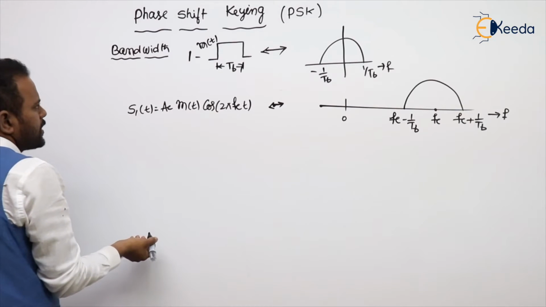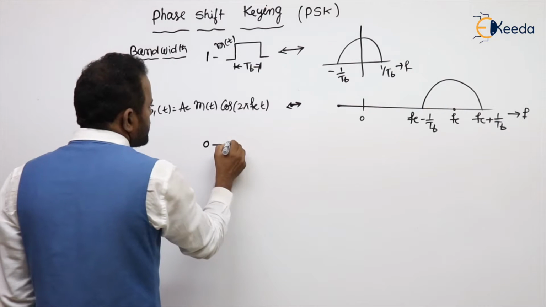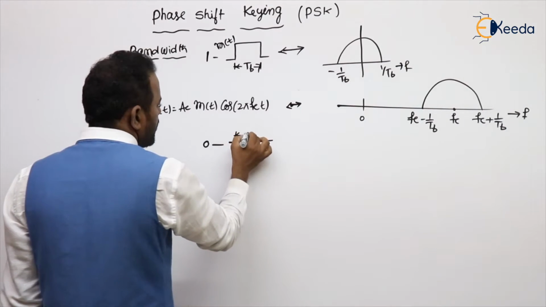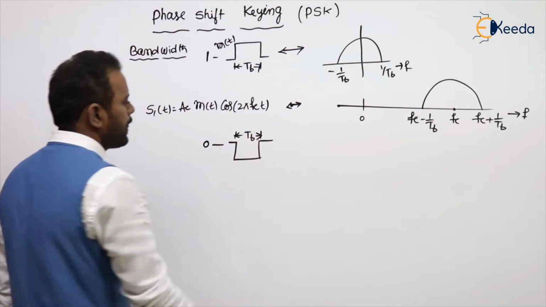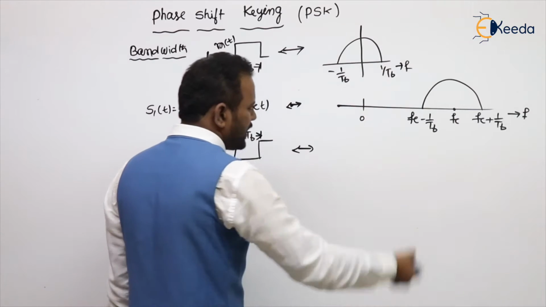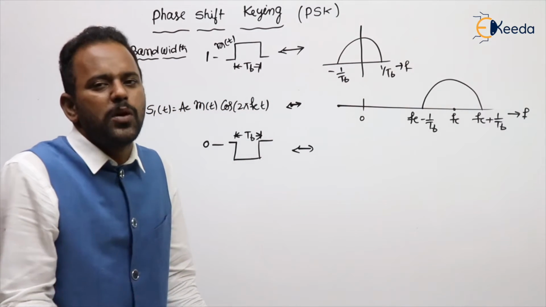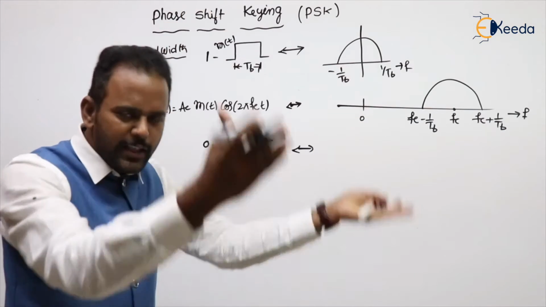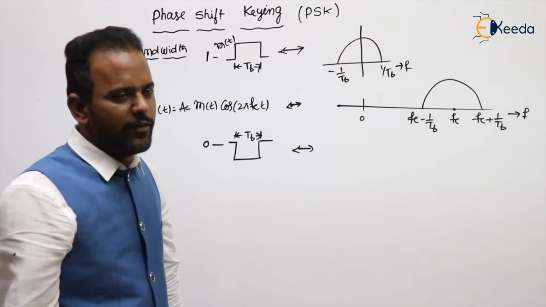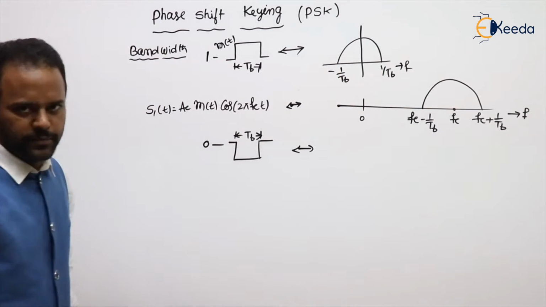Now what you will get for S2? S2 means, students, 0 is represented with the negative pulse of the same duration. Bit duration will be the same. Generally faculty will write that negative sinc function. Anyhow here we are not interested in the phase. So if you take the modulus, magnitude spectrum only we need, because in the calculation of bandwidth, for this also you will get the same pattern.